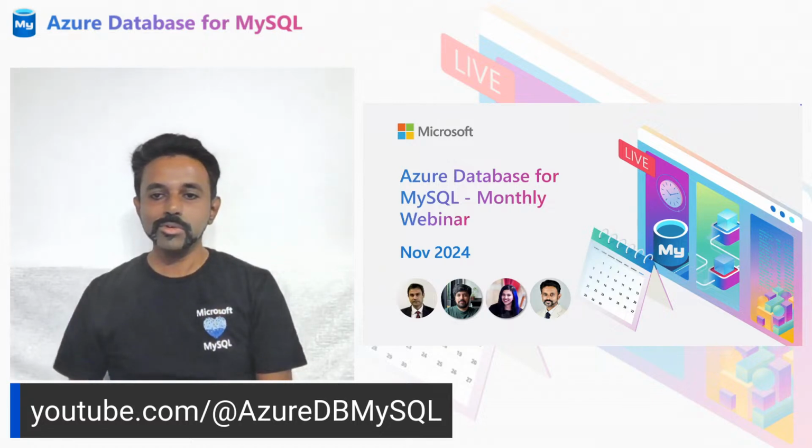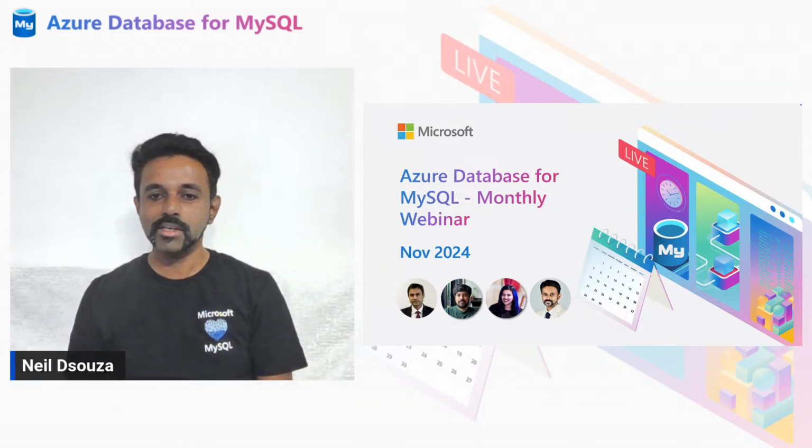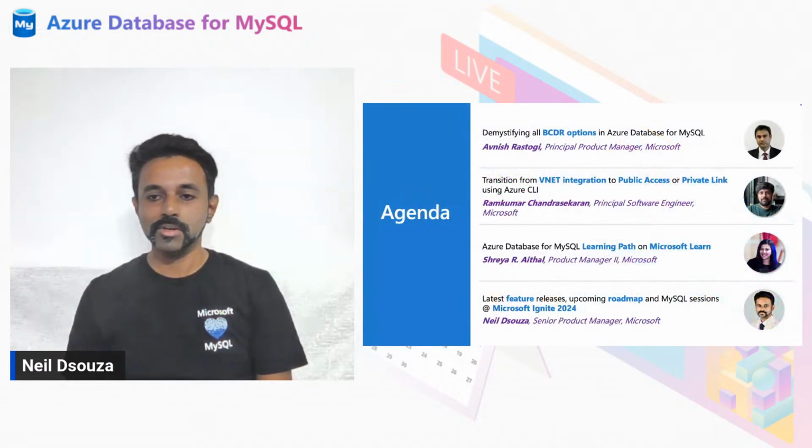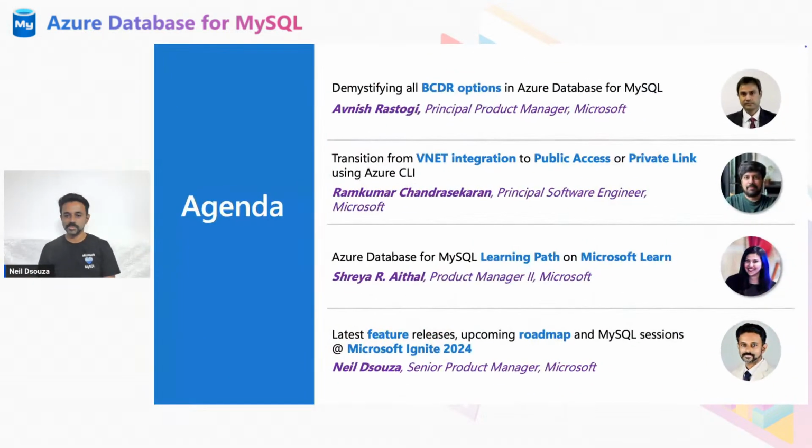Today, we bring you two deep dive topics on business continuity and disaster recovery, and on switching from VNet integration to private endpoint for Azure Database for MySQL Flexible Server, and also public network access.